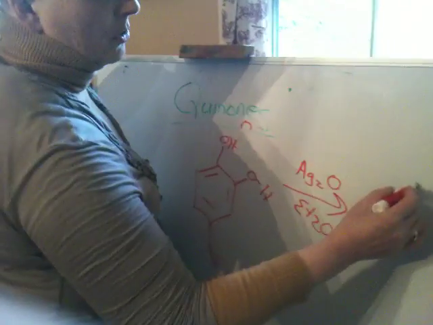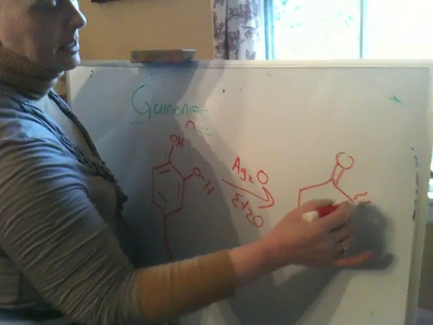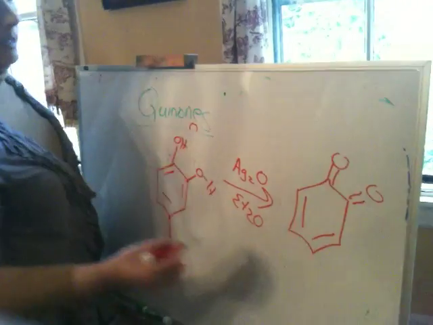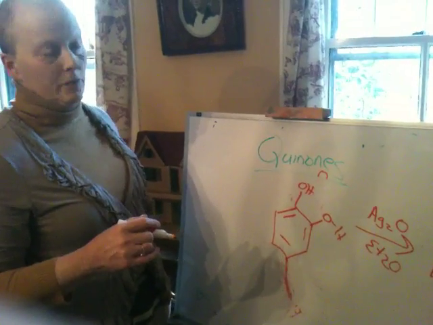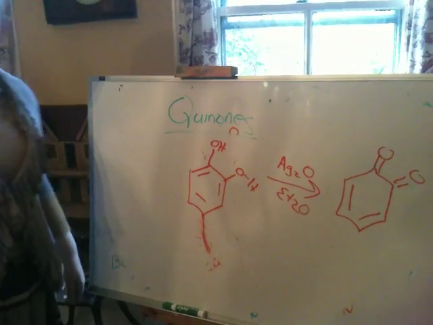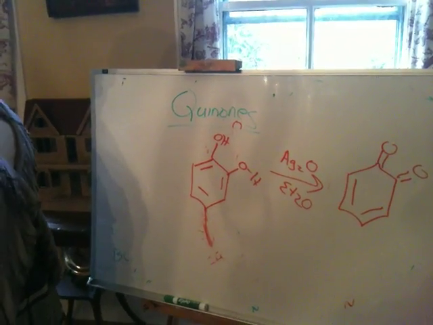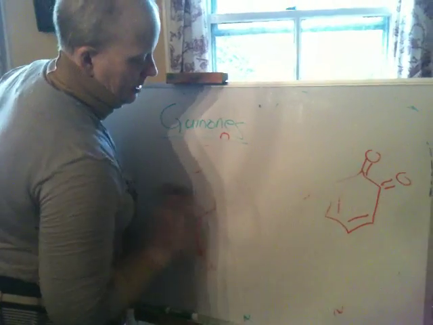You will get an orthoquinone, and tomorrow I may do that mechanism in the problem session. I'm not going to hold you responsible for that mechanism, but I am holding you responsible for the outcome. But this is a 1 electron transfer. So I think I will demonstrate that tomorrow in our problem session for the exam.